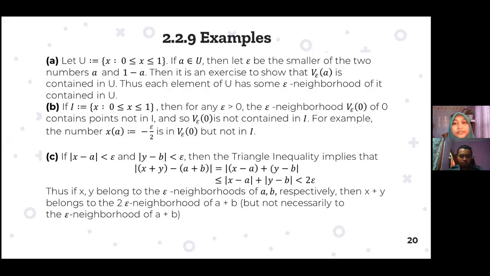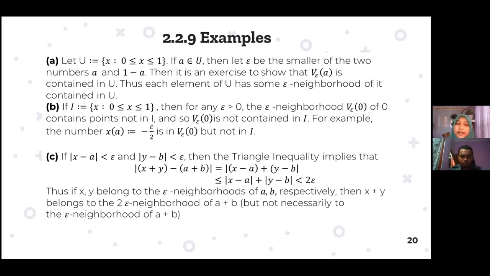Then it is an exercise to show that V_ε(a) is contained in U. Thus, each element of U has some ε-neighborhood of it contained in U. For the next example, if I is the set of x such that x ≥ 0 and x ≤ 1, then for any ε > 0, the ε-neighborhood V_ε(0) contains points not in I, and so V_ε(0) is not contained in I.